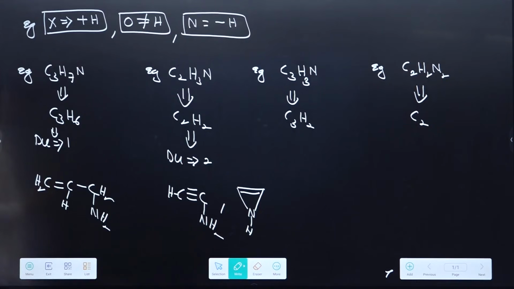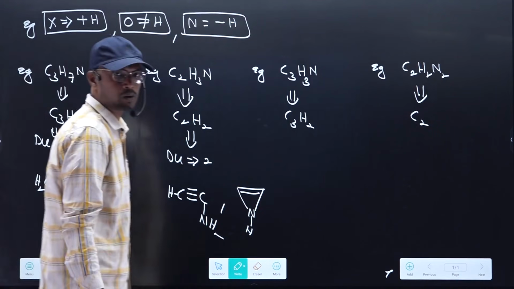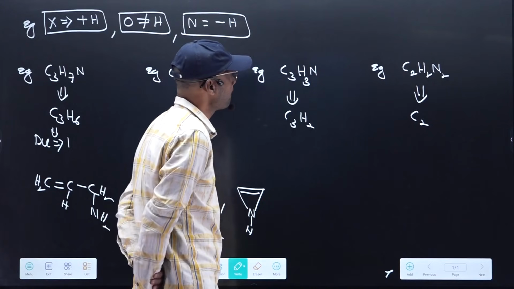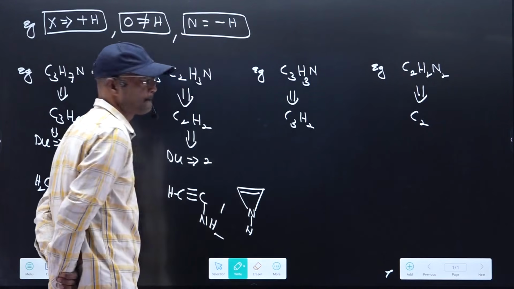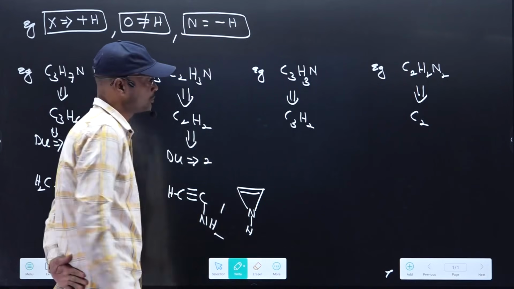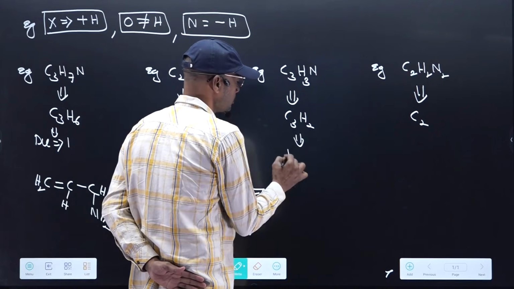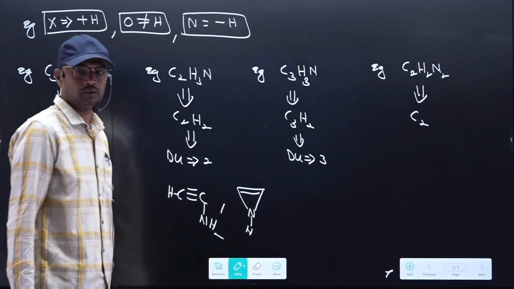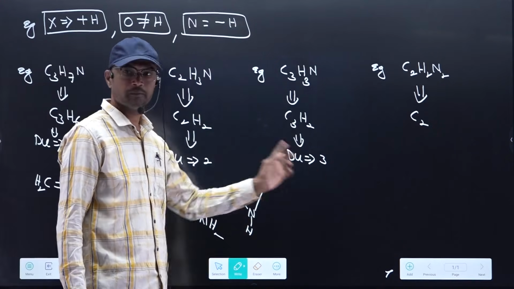What about C3NH2? So what about DU? Degree of unsaturation is 3 or not? 8 minus 2, 6 by 2, 3.